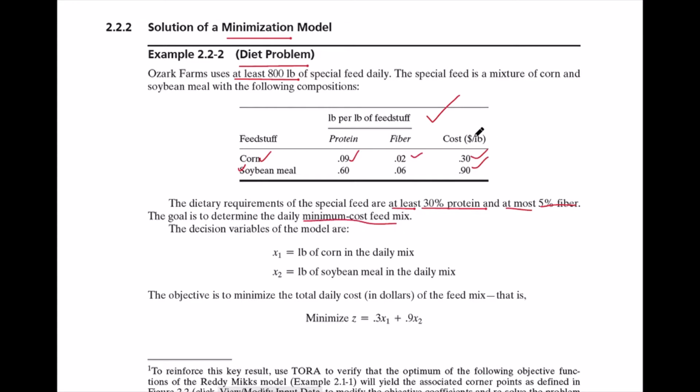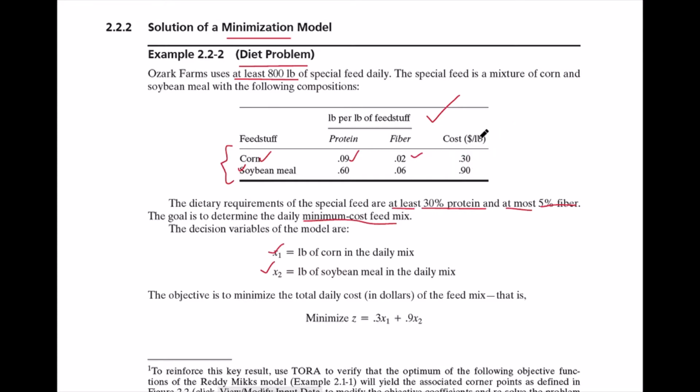This is the cost. We need to minimize this cost, which we shall get by taking these two mix. So we consider x1 as the amount of corn in the daily mix, x2 as the amount of soya bean, and then our objective is to minimize this cost.